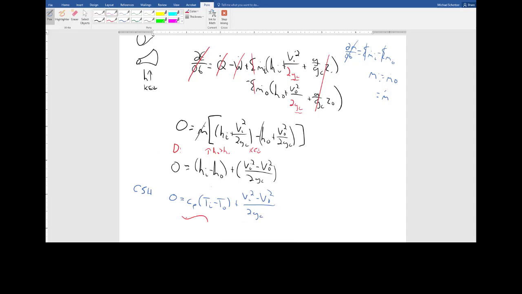But ultimately, if I look this up in the textbook, this whole term is going to be in BTU per pound mass, because Cp is in BTU per pound mass Rankine, and this temperature difference is in Rankine. Even if it's in Fahrenheit, the delta is the same. But when I do this is where our problems begin.